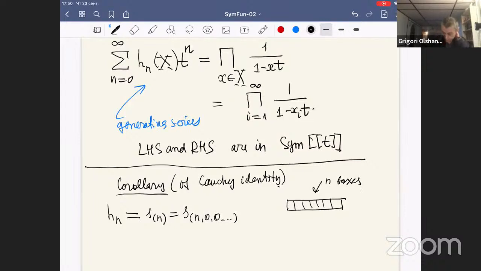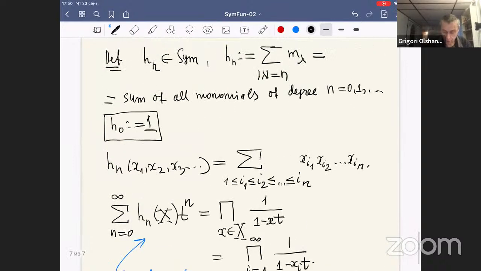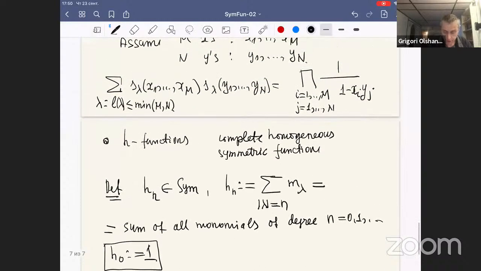And how to prove this? But this is trivial. Just look at this formula.